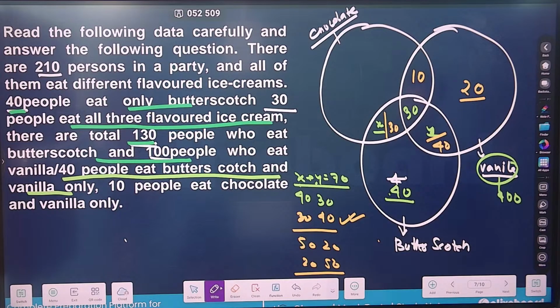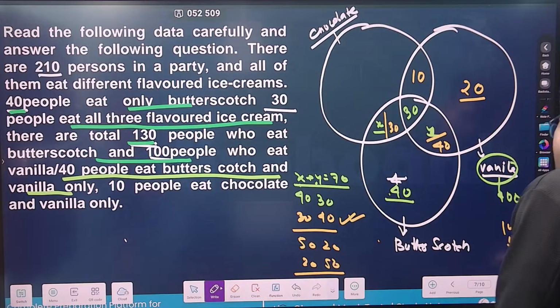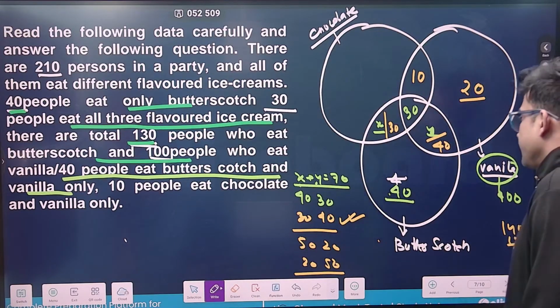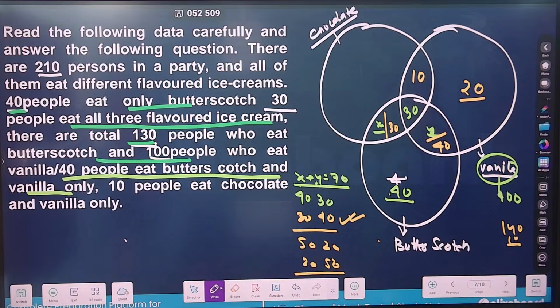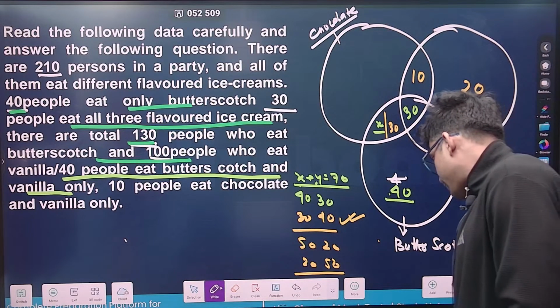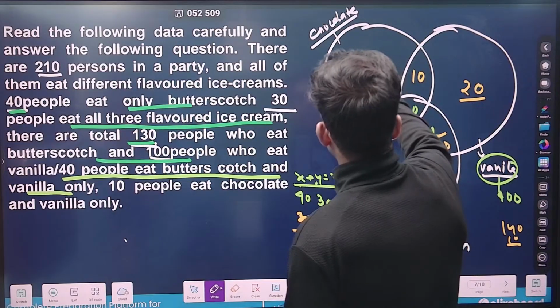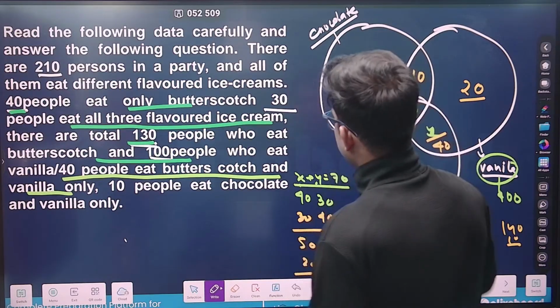40, 40, 80 and 60, 140, 140, 100, 240, 240. You need to try. Come on, say. What is the value of this portion, which, let's say, I name as Z? Come on, answer me. How can you figure out this Z?